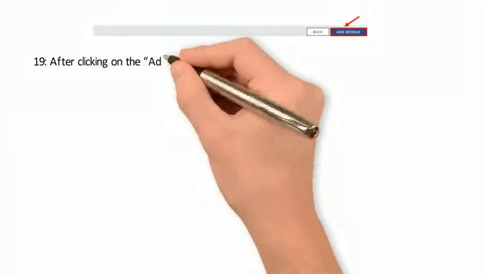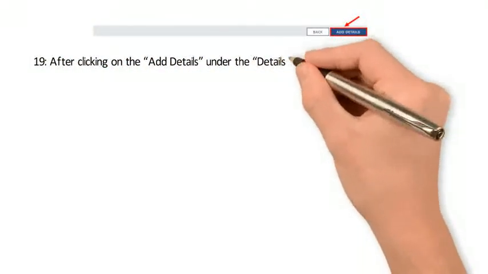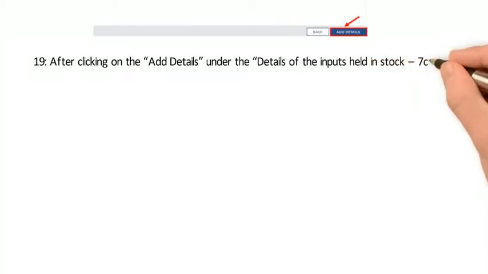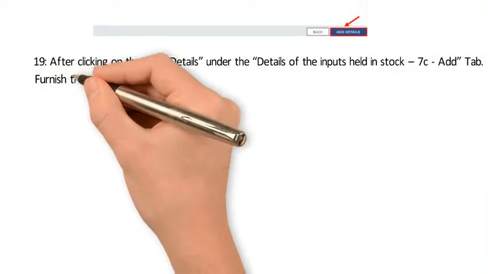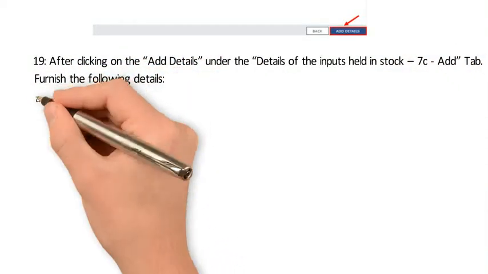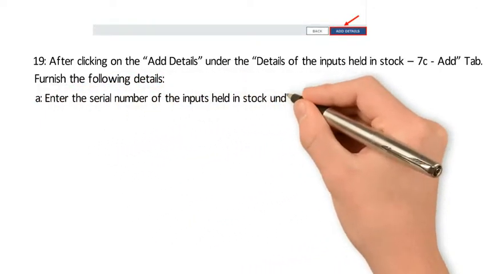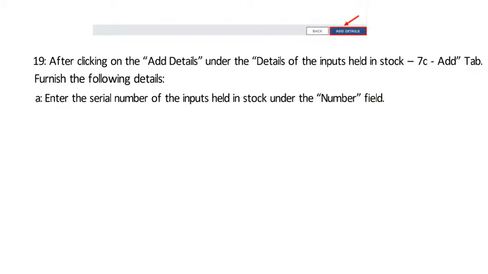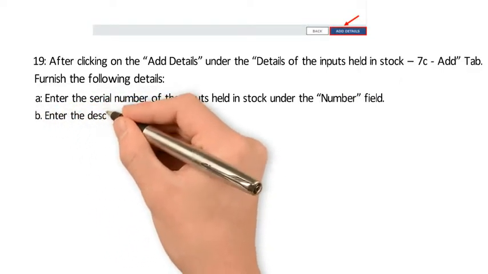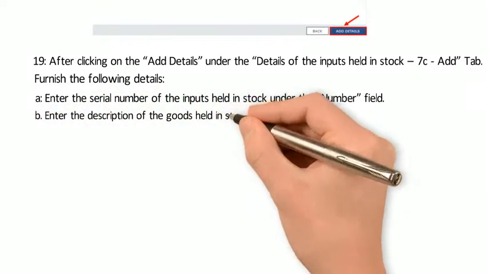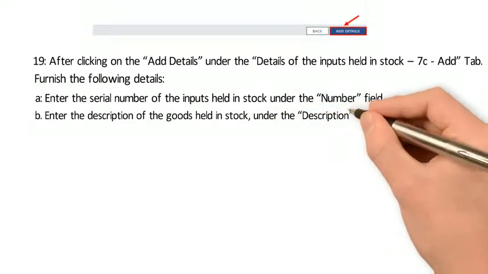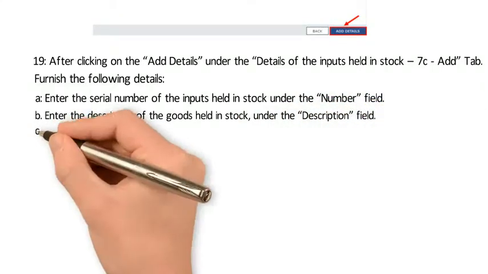19. After clicking on the Add Details under the Details of the Inputs Held in Stock, 7C, Add tab, furnish the following details. A. Enter the serial number of the inputs held in stock under the number field. B. Enter the description of the goods held in stock under the description field.